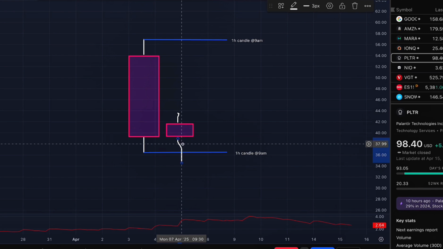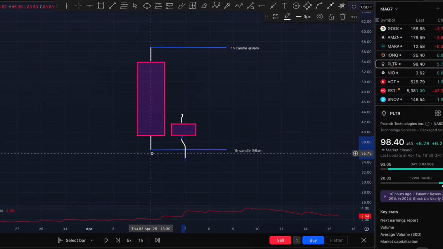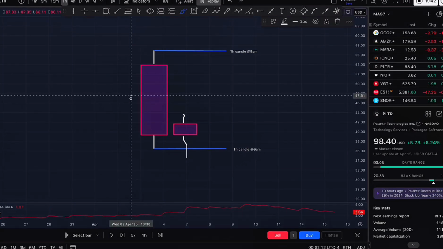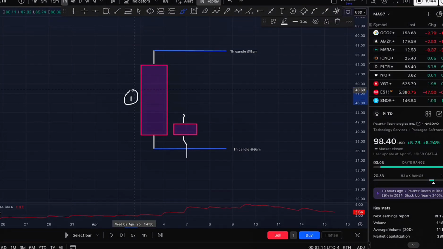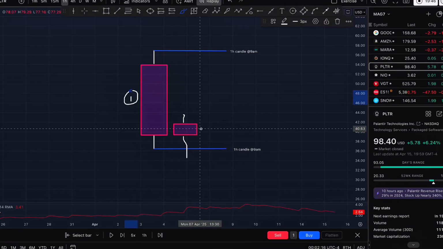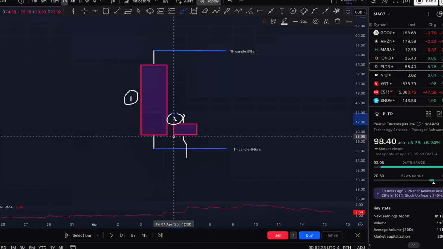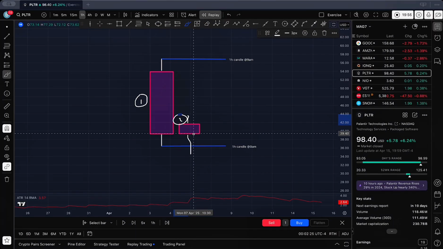Let's name this one here as the first candle, and this one here is the second candle. So the second candle grabs the liquidity of the first candle.